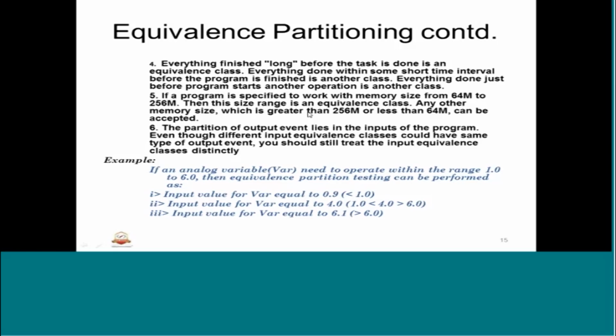Any memory size greater than 256 or less than 64 should not be accepted, and those are all called invalid equivalence classes. Likewise, we can define the equivalence partition for this sort of requirement.